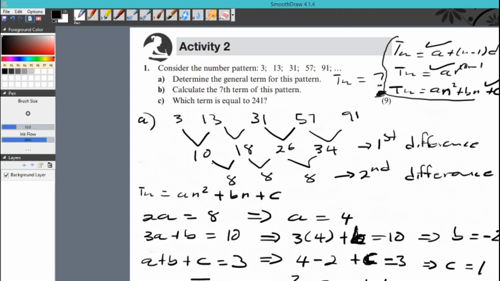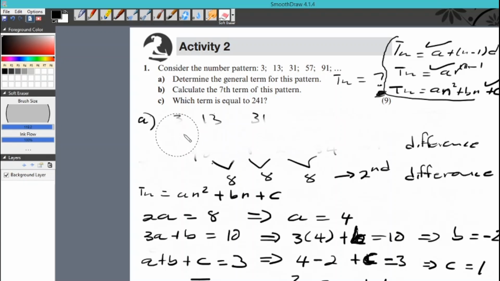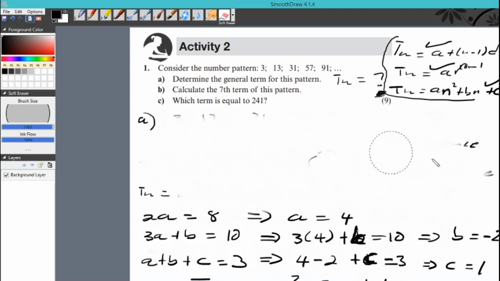That is the general term formula. We have solved it. So it's 4n squared minus 2n plus 1. I'll erase the last c and solve question B.